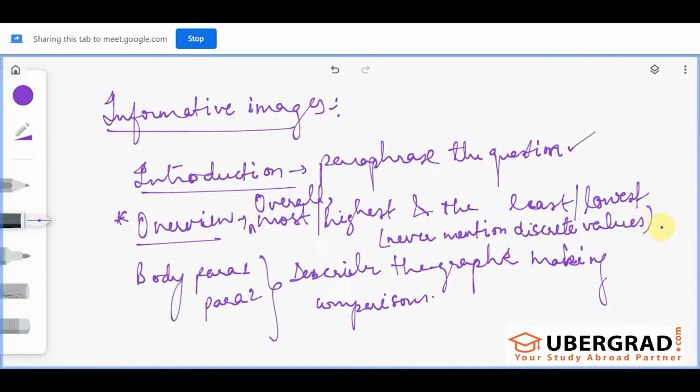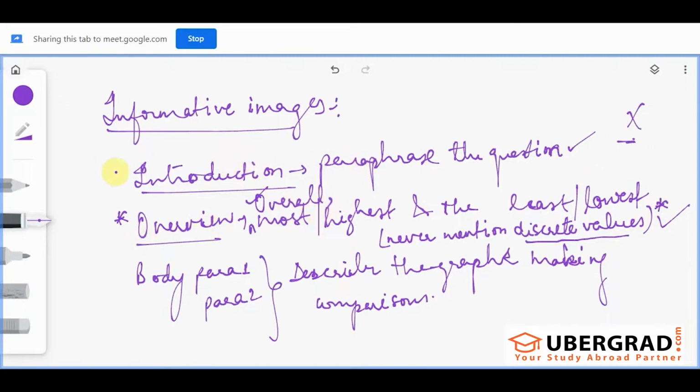We saw a line graph of the population of 3 different states. You can write that the population of Maharashtra was maximum in the year 2005, but do not write how much the population was. The population of Maharashtra was highest at 5 billion. Wrong. Do not use that. You can use the year, but do not write discrete values. This is very important, and the overview should always start with the word overall.